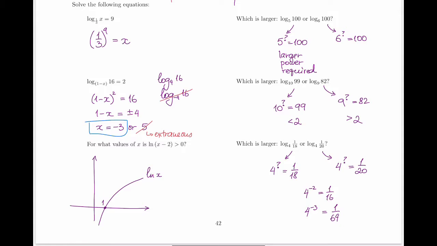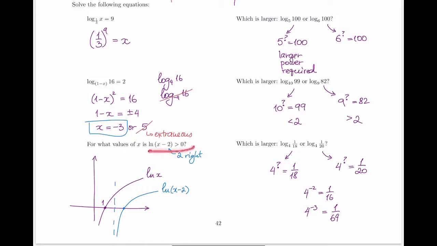Then the transformation here, -2, means I'm moving the entire graph 2 units to the right, which will then mean that this point, for example, gets moved here. My entire asymptote gets moved 2 units to the right, and my graph would look like this. So this is the graph of ln of (x minus 2).